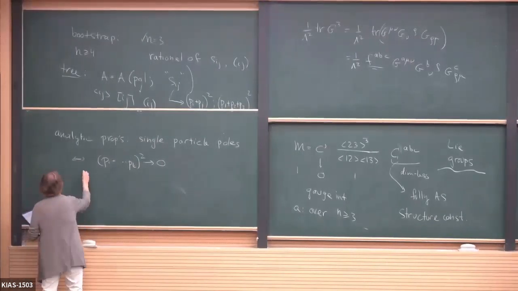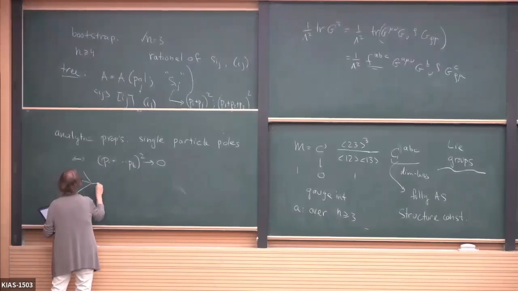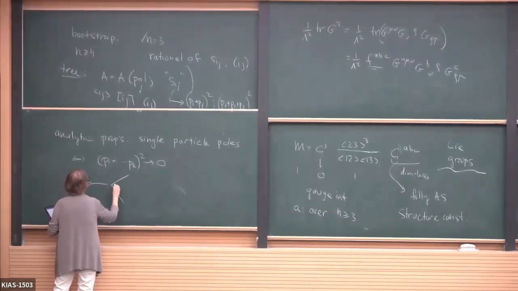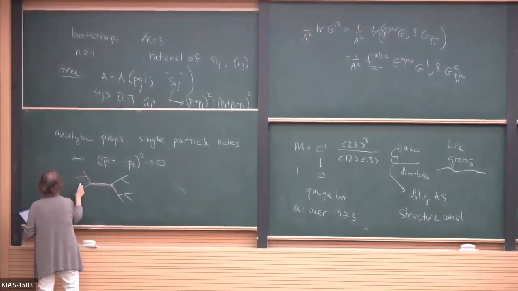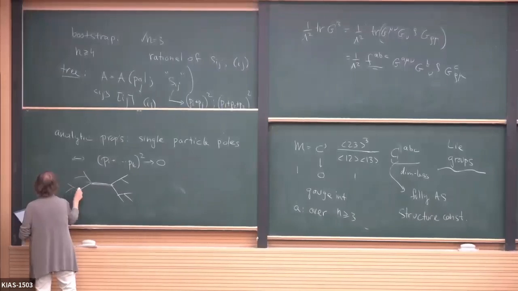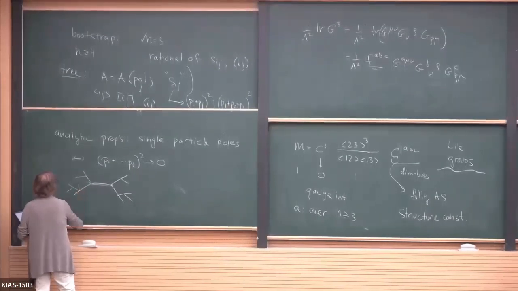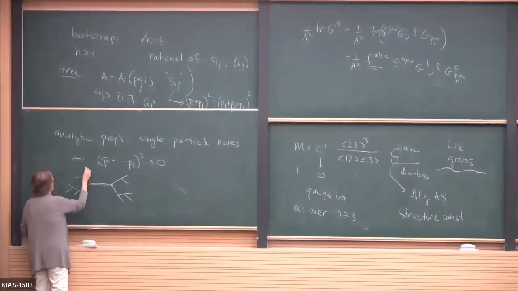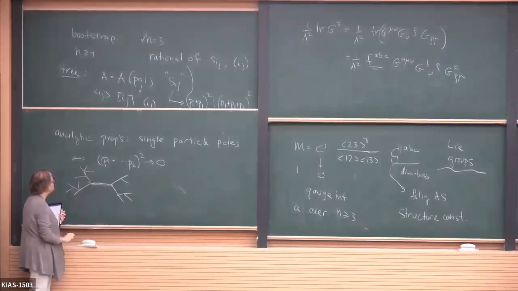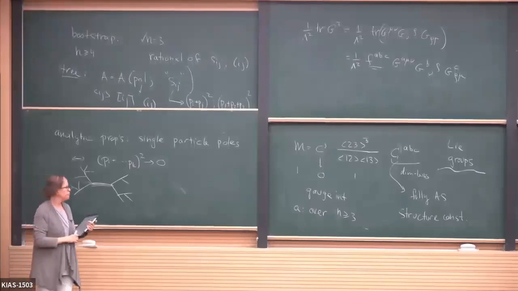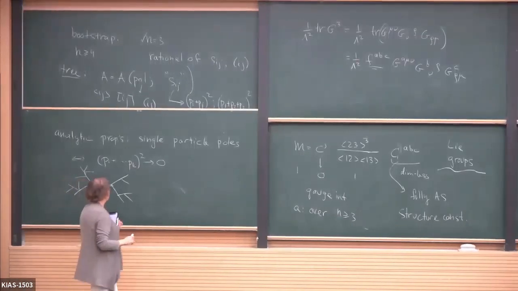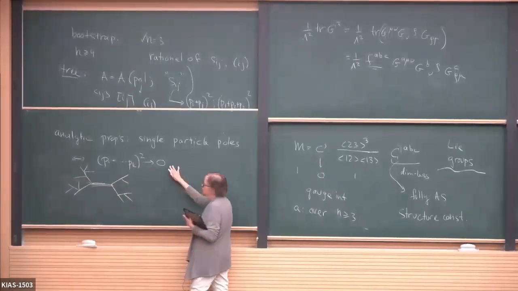So all the poles of this amplitude are going to come from stuff like this, where here I have some, well, let me also write something like this. In any case, I have one propagator that goes on shell. So these are the only poles of the amplitude.